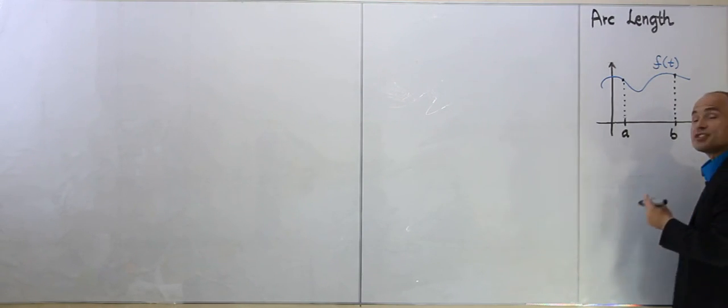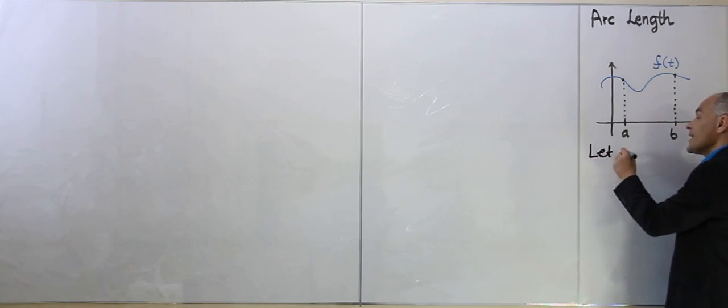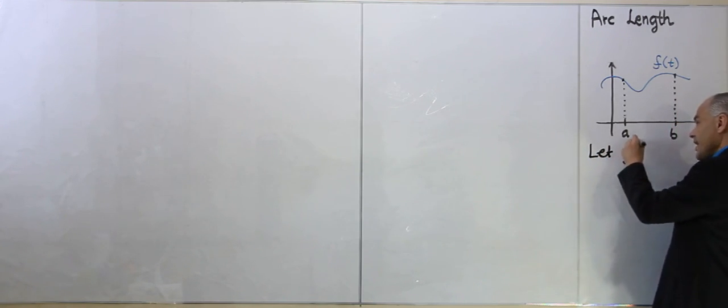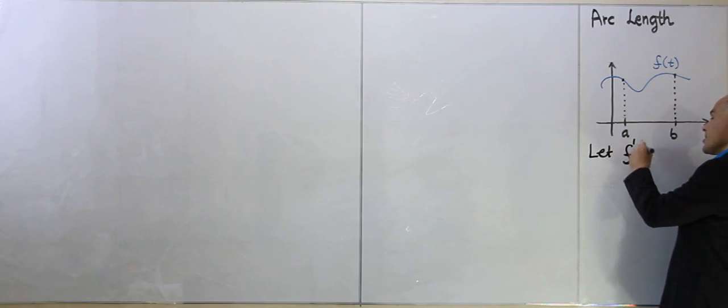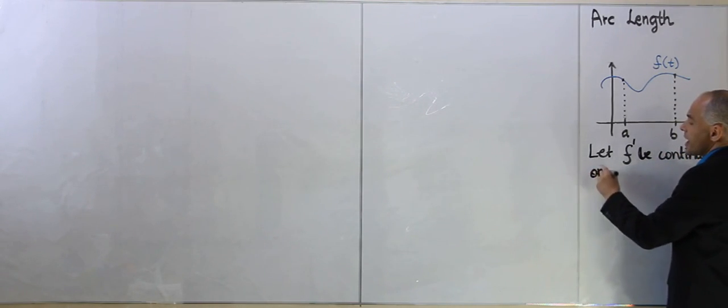Let's assume that f is smooth. That is, let us assume that f prime is continuous on [a, b].